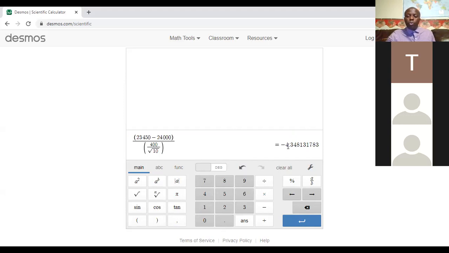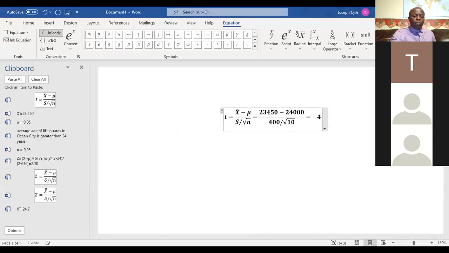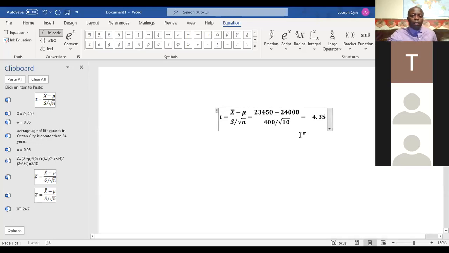Remember, this is a two-tailed test, which means it can be on the left side, which is negative, and the right side. So negative 4.35. I'm going to copy this and paste it in our main workbook.